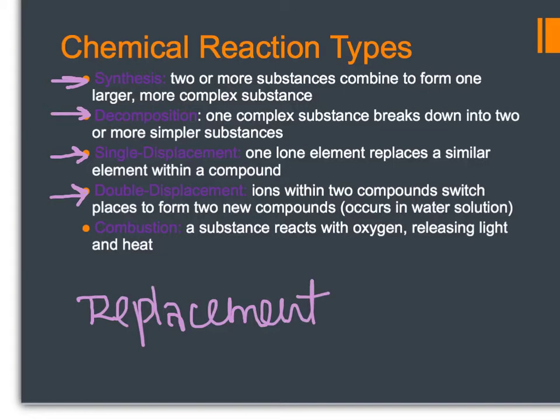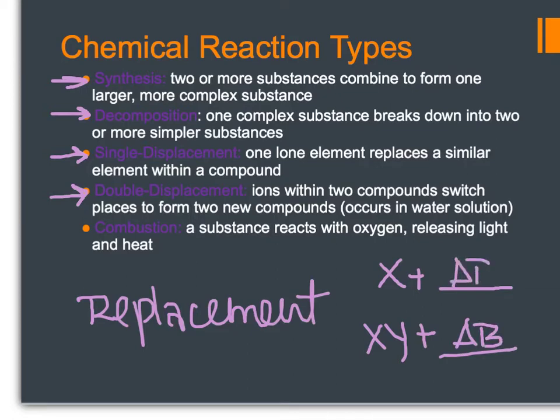These reactions are very similar to single displacement, the only difference being instead of having a single element, say element X, plus a compound, something bigger, in double displacement we have a compound, maybe XY, and another compound, say AB. And partners are traded and new compounds are made in the process.